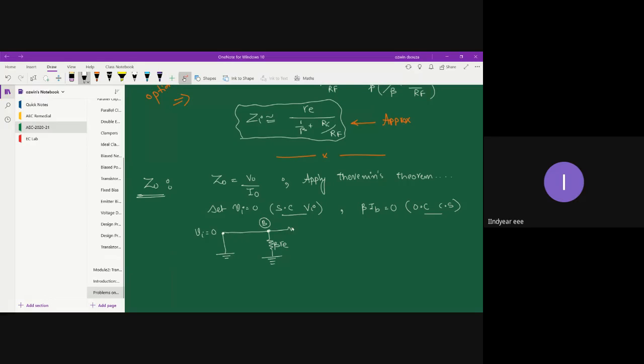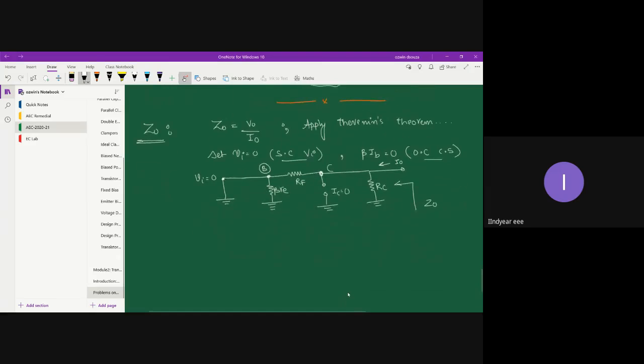Then you have your feedback resistor RF, and here is your collector terminal, and collector to ground. You have a controlled source, but that controlled source is reduced to 0. Then you have the collector resistor RC, and that's your output impedance Z0. So this is your I0 and this is your Z0. This is what the equivalent circuit looks like.